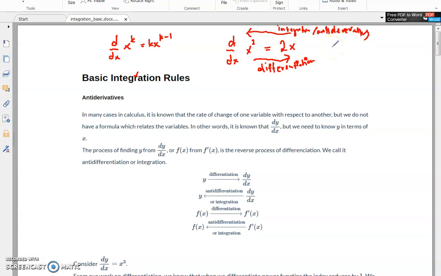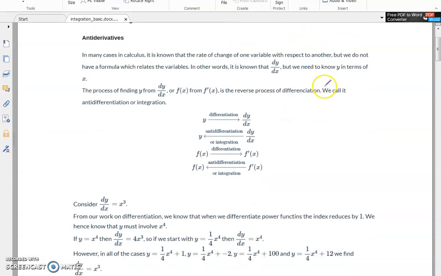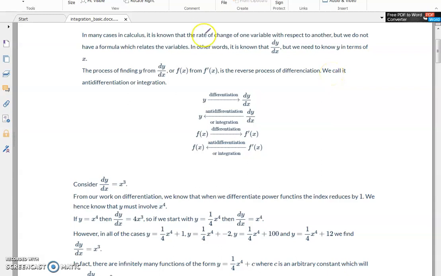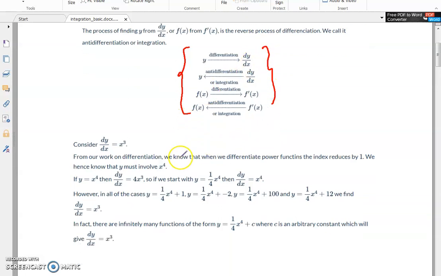As easy as that. Basically, if you know how to differentiate, you are supposed to know how to integrate. You can see the following process here, and you can read it on your own to understand it better. Also, if we differentiate x to the power of 3, we get 3x squared.